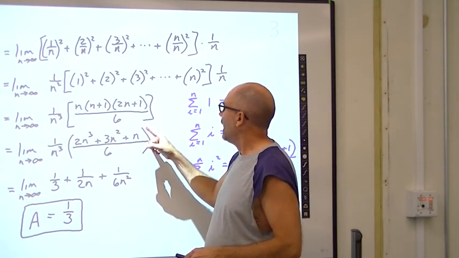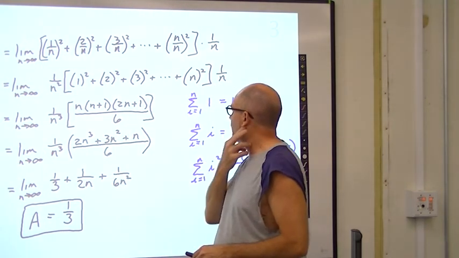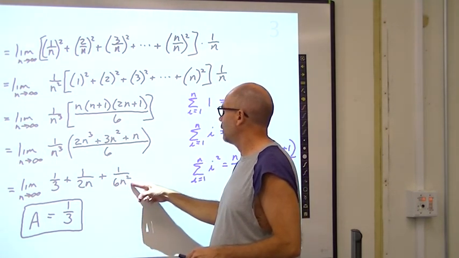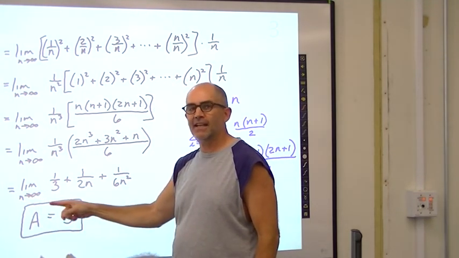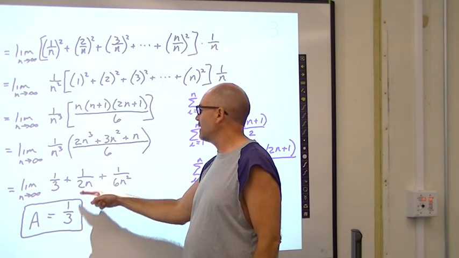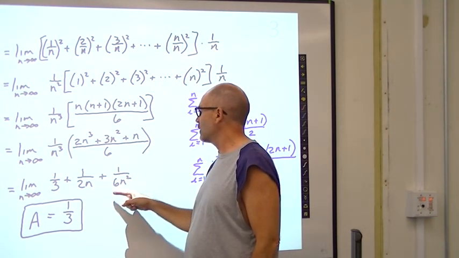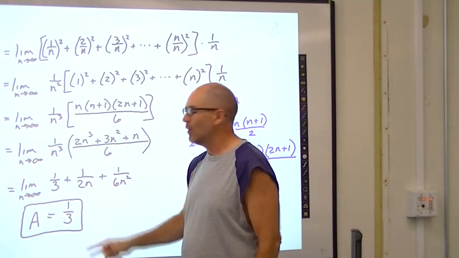And then n over 6 times 1 over n cubed is 1 over 6n squared. Now, as I let n approach infinity, the 1/3 stays 1/3, 1 over 2n goes to 0, 1 over 6n squared goes to 0, and so my area equals exactly 1/3.